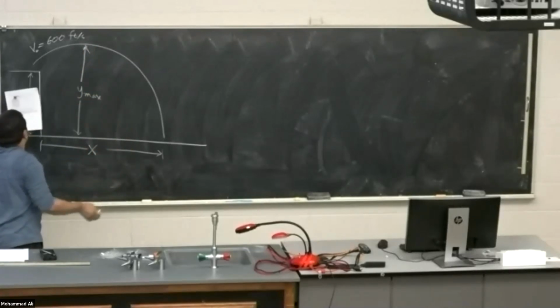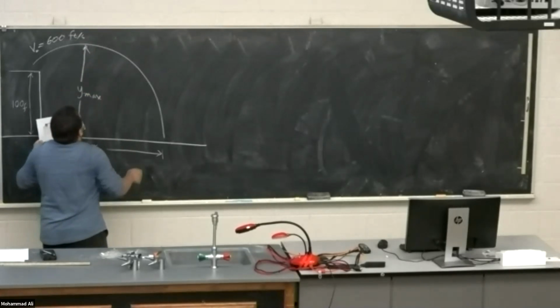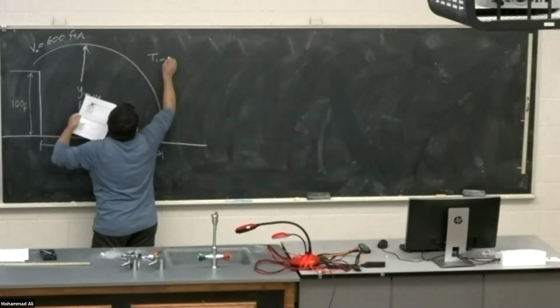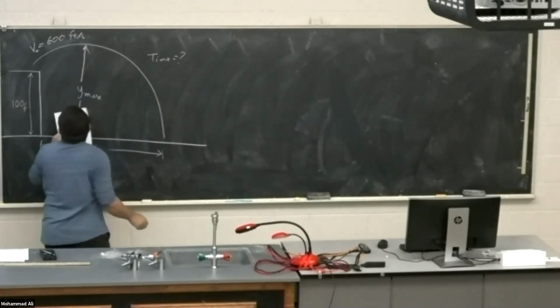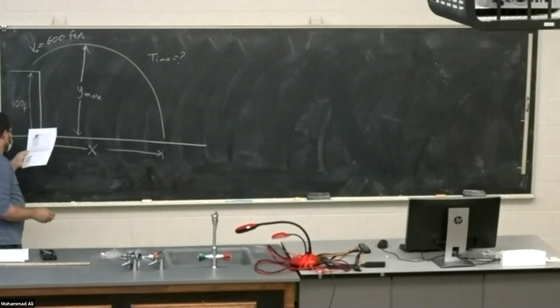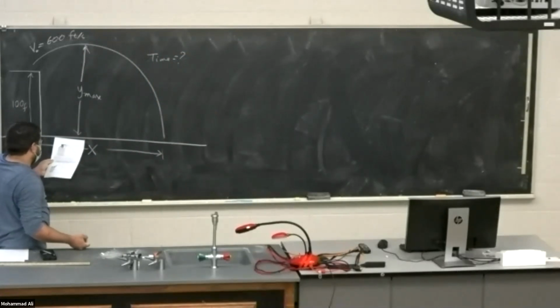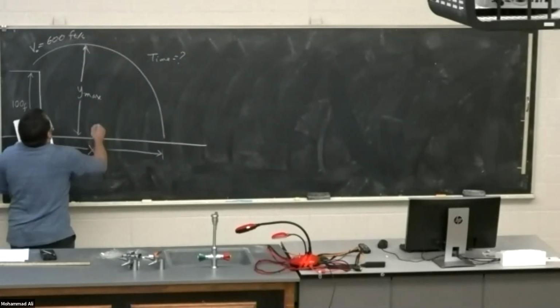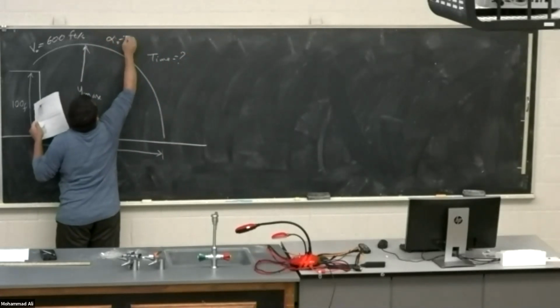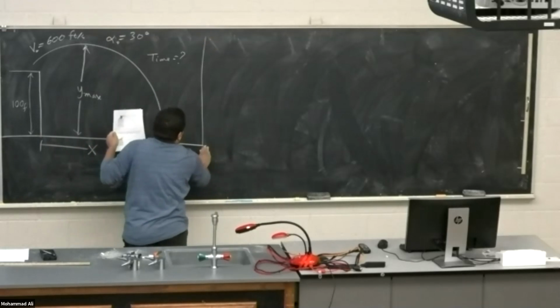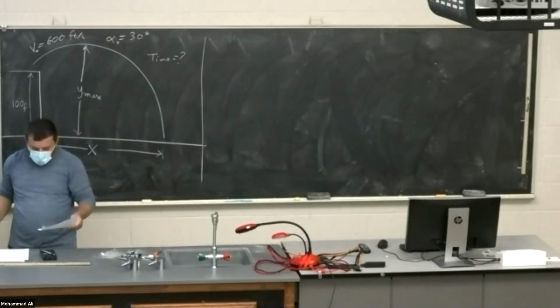I think we need to find the flying time also. What is the angle? 30 degrees. Alpha naught is equal to 30 degrees. We need to use our equations, our formulas.